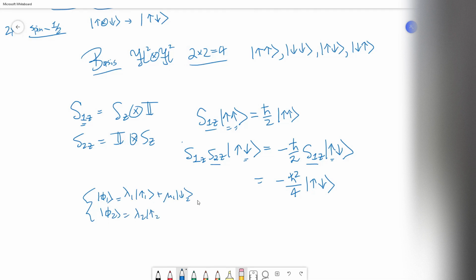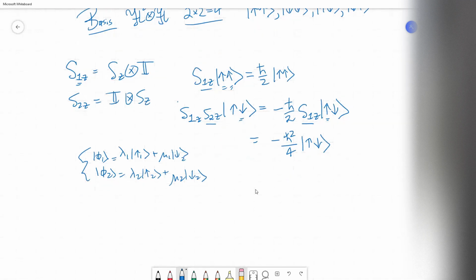What we'll ask ourselves is, is it always possible to consider the state of a composite system of both spins at the same time as some tensor product between phi 1 and phi 2, where phi 1 and phi 2 are just some arbitrary kets associated with the individual Hilbert spaces? And the answer will be no, you can't always do that.